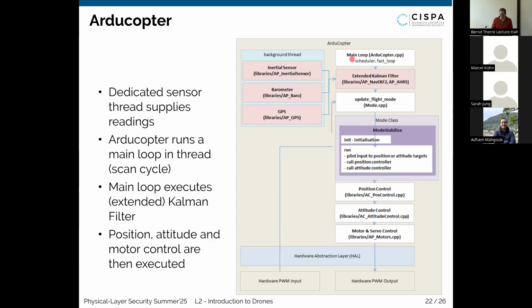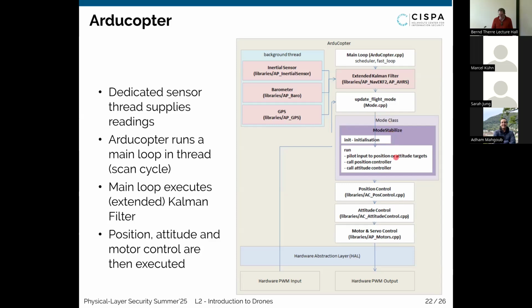We have the main loop running in ArduCopter all the time. That is then also initiating the Kalman filter. After the Kalman filter has computed a new state estimation for the state of the drone, we go into the next stage of the control, which is update flight mode. The flight modes I'll talk about in a second a little bit more.